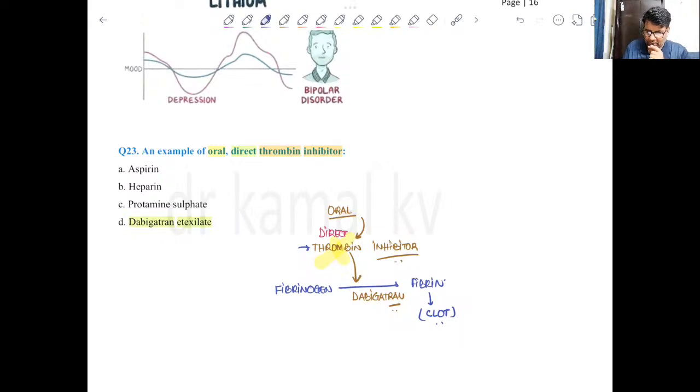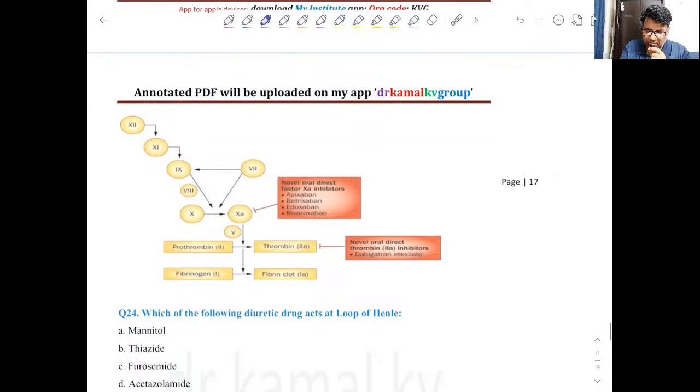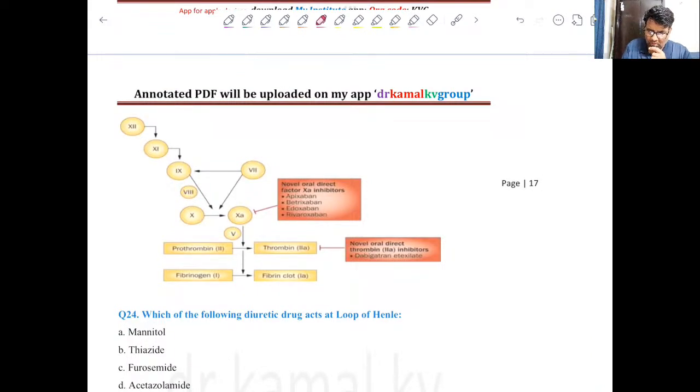So this is how it produces the anticoagulant effect, right? So this is dabigatran etexilate, and for heparin, I think most of you must know that it is an inhibitor of factor 10. So if we just see here some oral drugs, clear? Because we know that heparin we have to give as a subcutaneous injection. So now these are oral drugs.